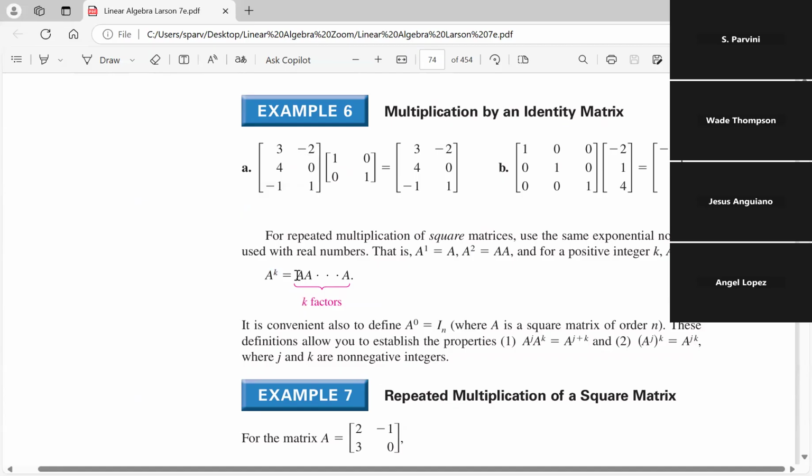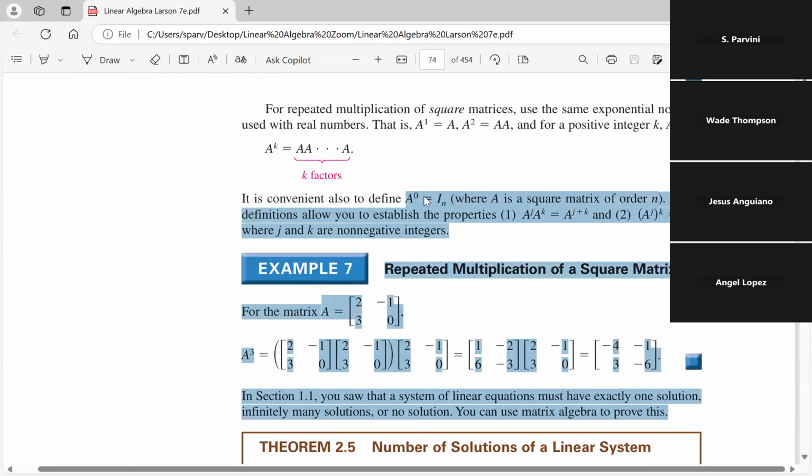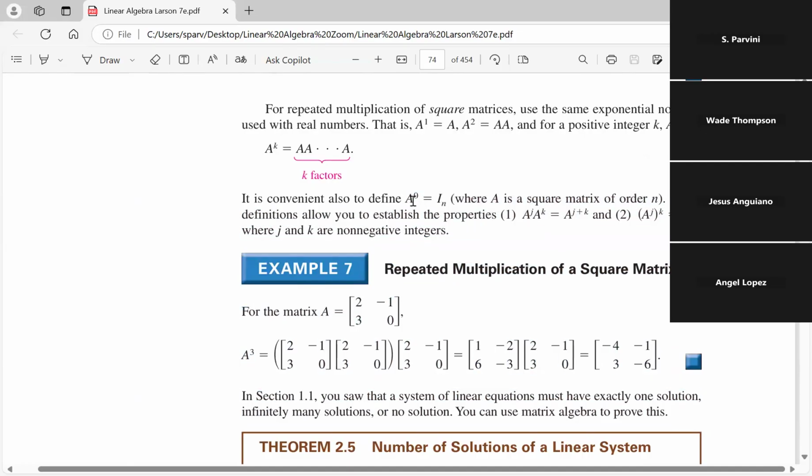That means you multiply it by itself k times. So that would be raising matrices to a power. It is doable. Now, just like with numbers, remember, anything to the 0 power other than 0 is 1. Any matrix to the 0 power gives you the identity matrix.